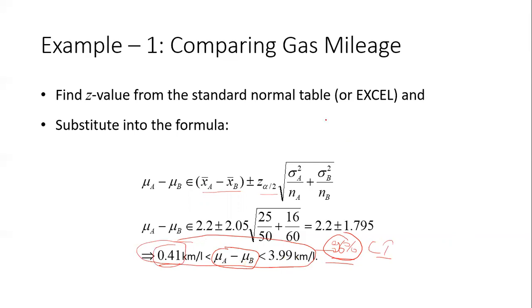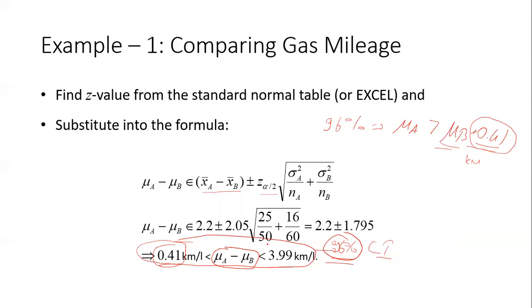So I can say that I am 96% sure that mu A is greater than mu B plus 0.41. So the engine type A is able to travel at least 0.41 kilometers per liter more when you compare with mu B.